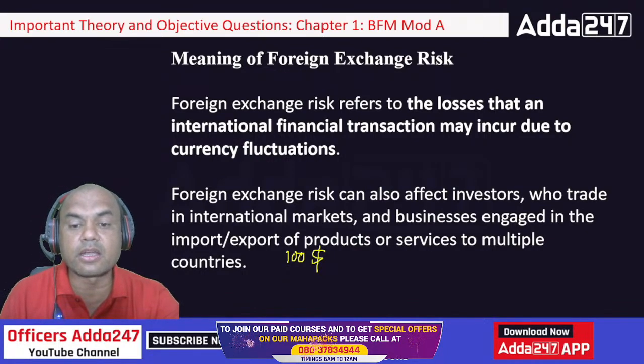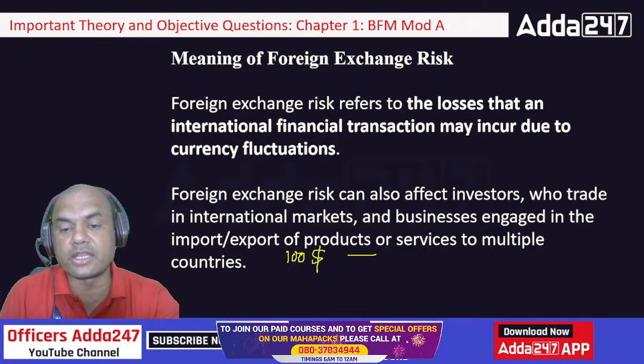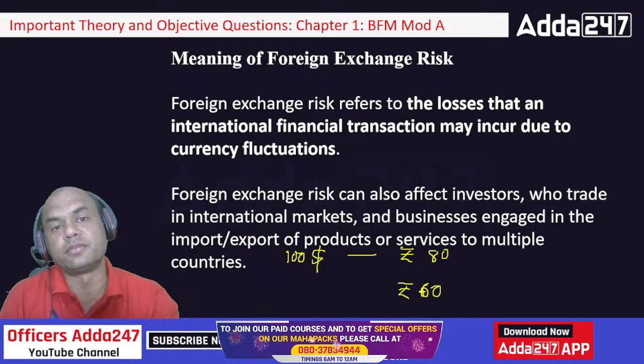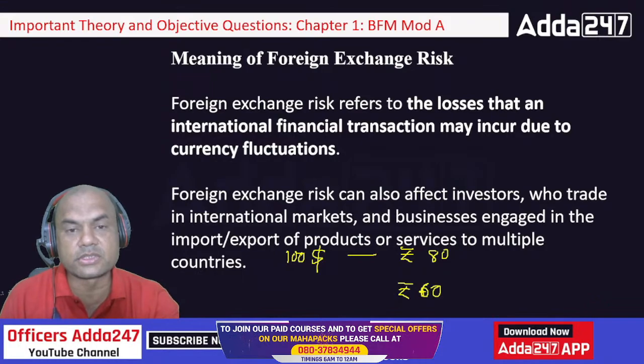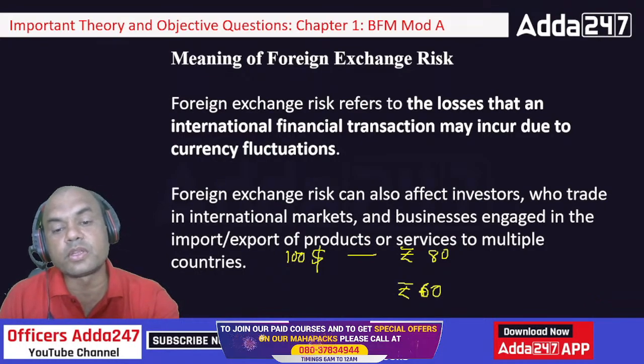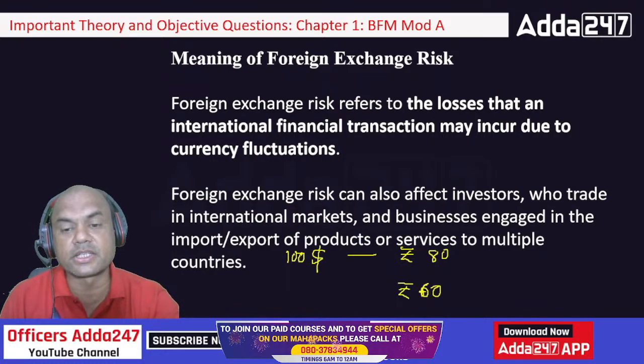Tomorrow, if the dollar rate is, let's say, rupees 80 now, and it goes from 80 to, let's say, rupees 60, what will happen? The person in USA will give me $100 only. But earlier for those $100, I was getting 80 rupees in India. Now I'm getting 60 rupees.